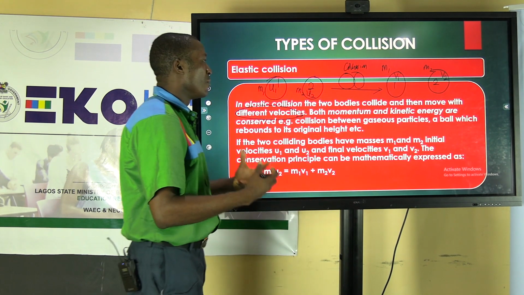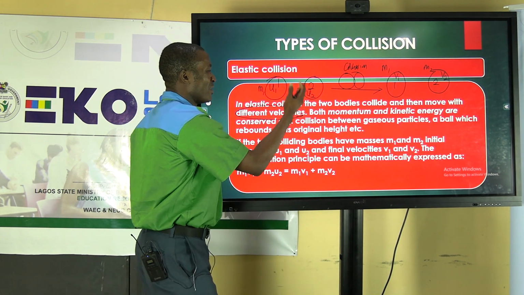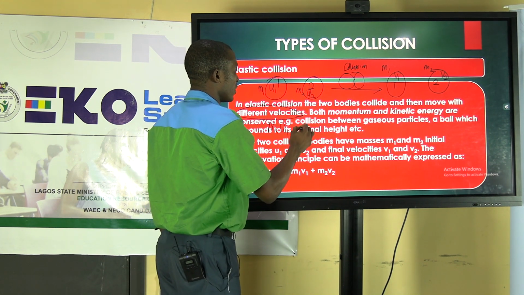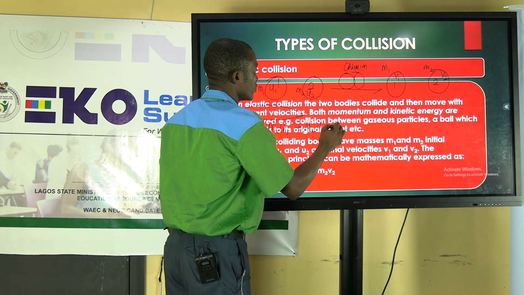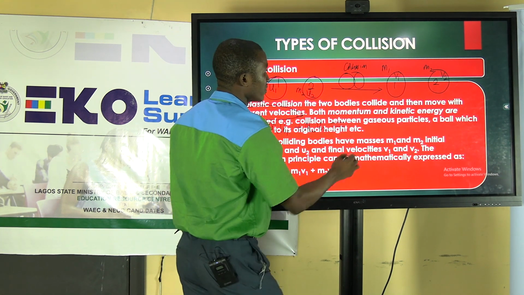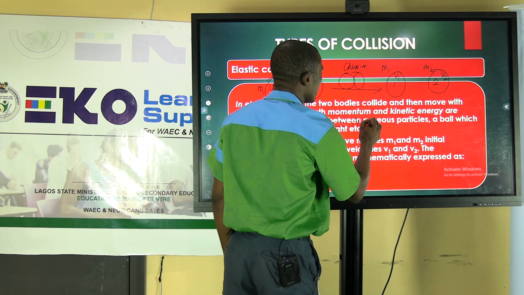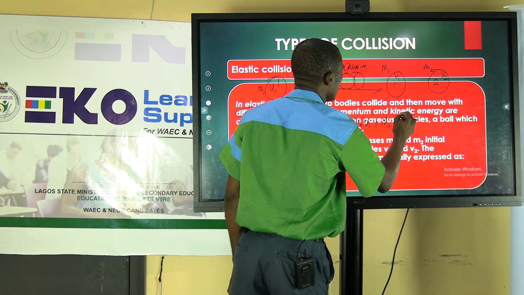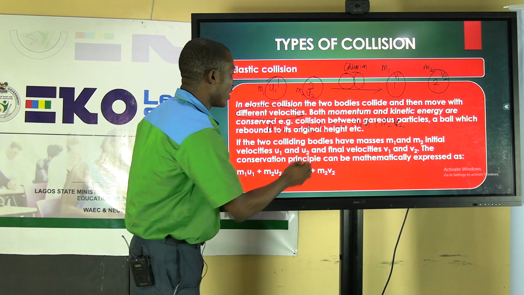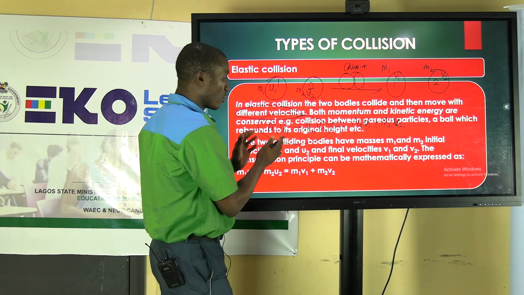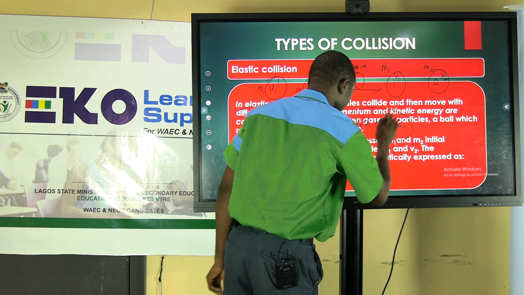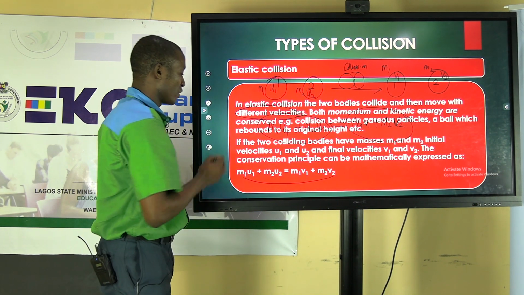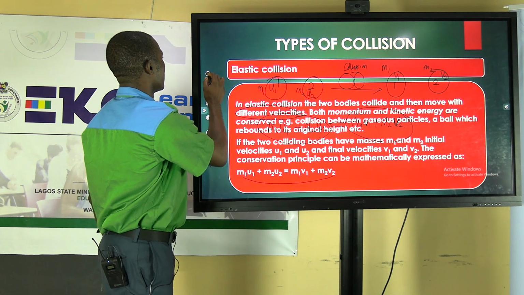Momentum is the product of mass and velocity of an object. So in this case, you're going to have m1u1 plus m2u2, leading to momentum here, m1v1 plus m2v2. So all the momenta before collision is equal to the momenta after collision. You can see it here.